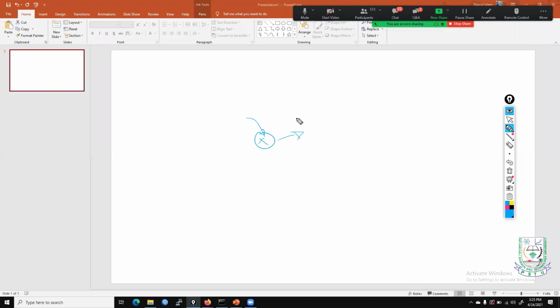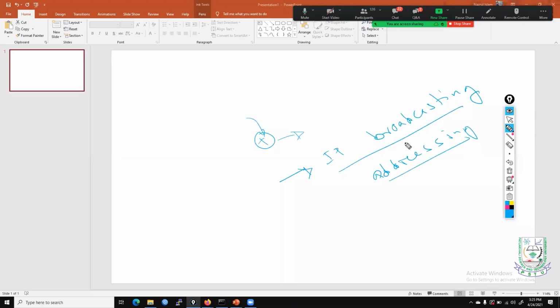A simple solution is to disable the IP broadcast addressing on each network device and the firewall. That's the major thing. How can we disable it in the network interface?